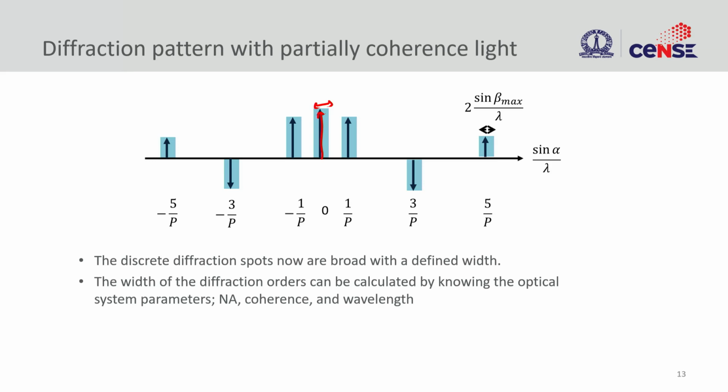We don't have any single order, you have a bunch of orders crowded around this, and the width of this is given by sine beta max over lambda, twice that, because it's symmetric between plus and minus. So this is the width of this band, and one can calculate this by understanding NA, coherence and wavelength.